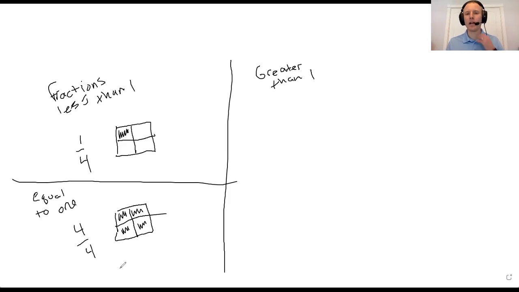And the reason that we can have something greater than 1 is we could say, for example, that I ate 6/4. I'm going to write 6/4. Now remember, the denominator is the number of parts in one whole.